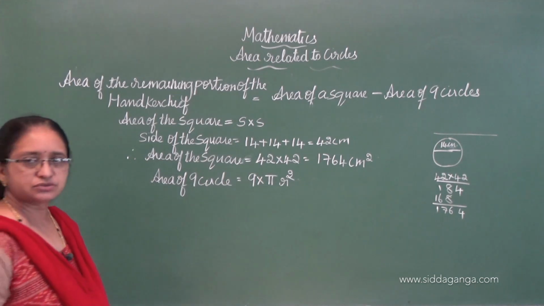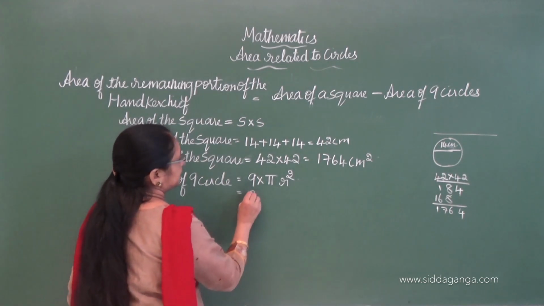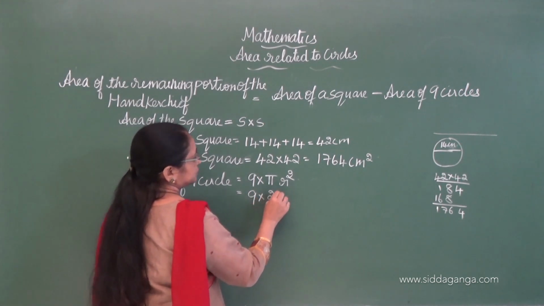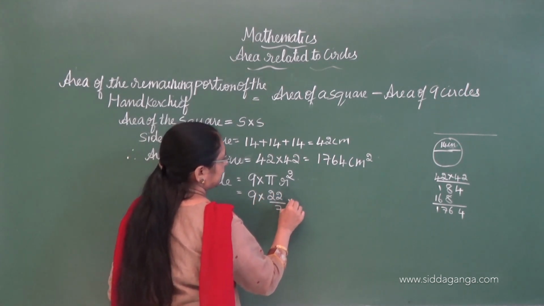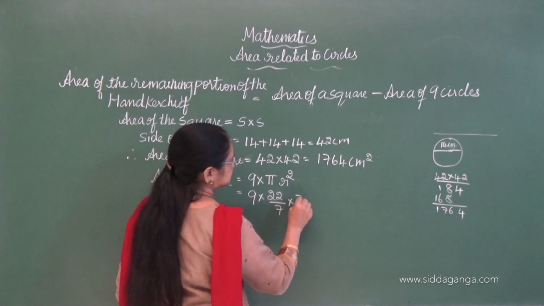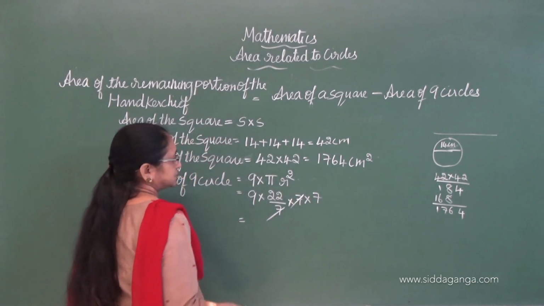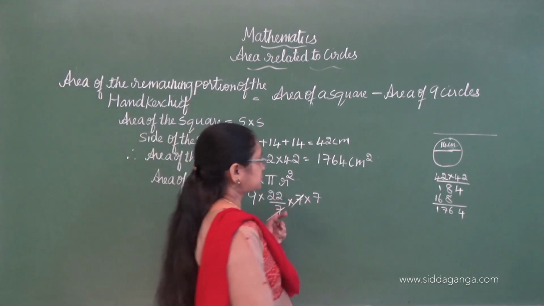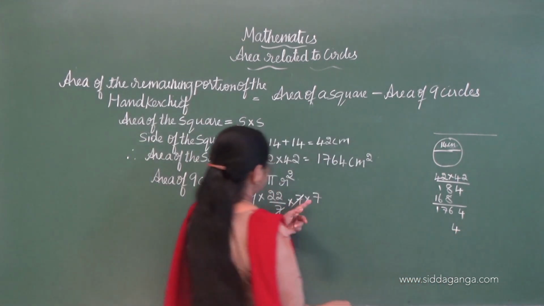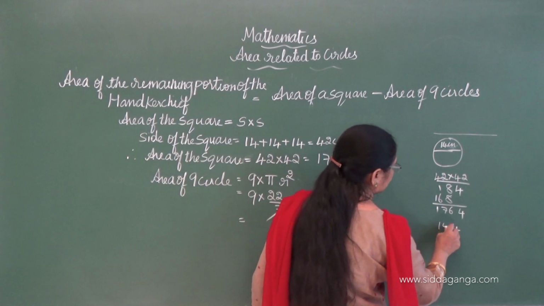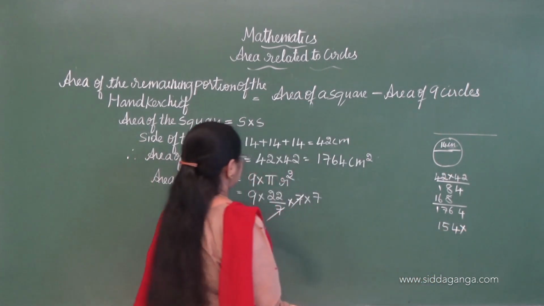They have not given, so you can use 9 into 22 by 7 into radius 7 into 7. 7 7 gets cancelled. Now multiply. 7 2s are 14. 7 2s are 14, 15. 154 into 9.